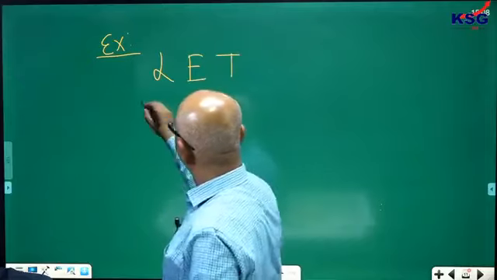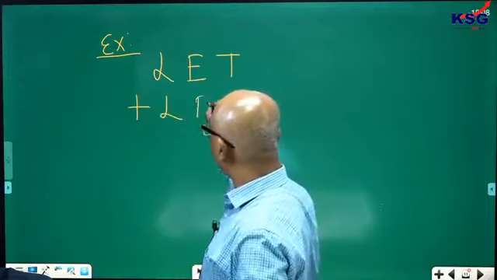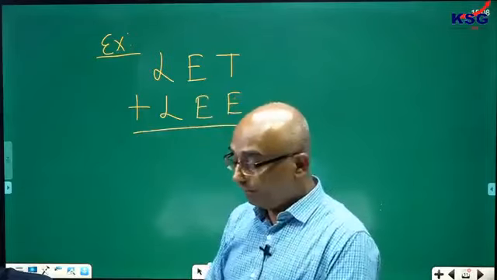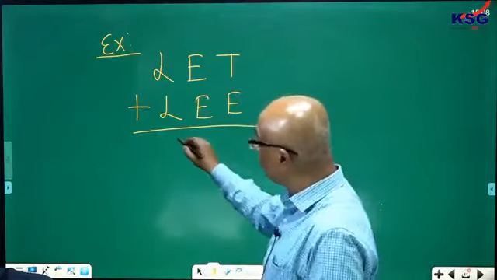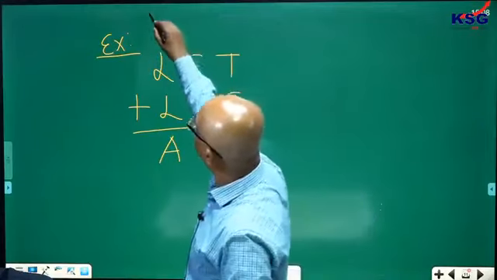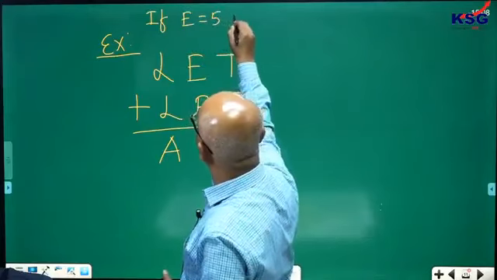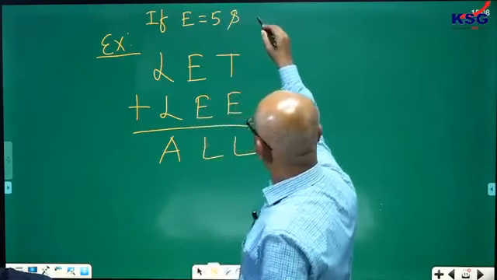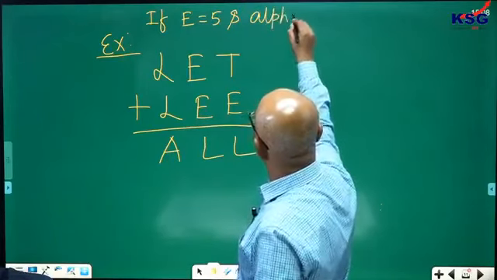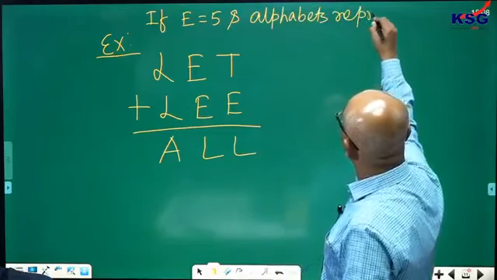Slowly copy: LET plus LEE is equal to ALL. Right? If E is equal to 5, and alphabets represent distinct digits.